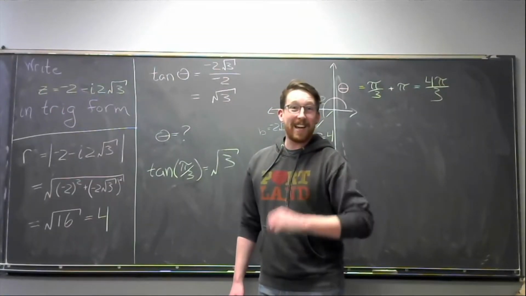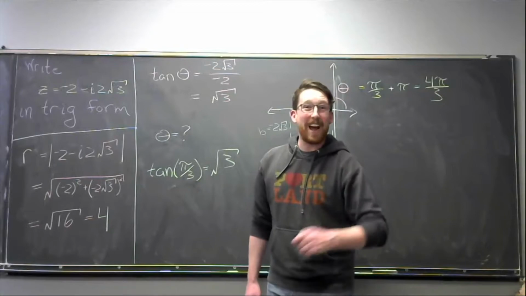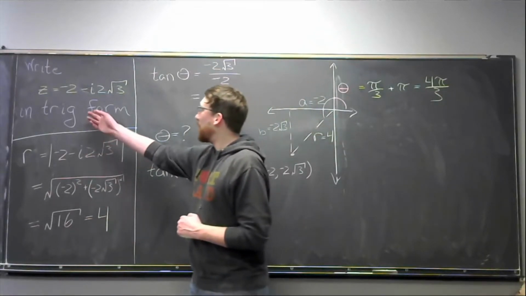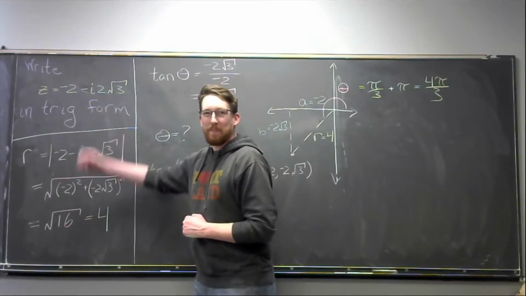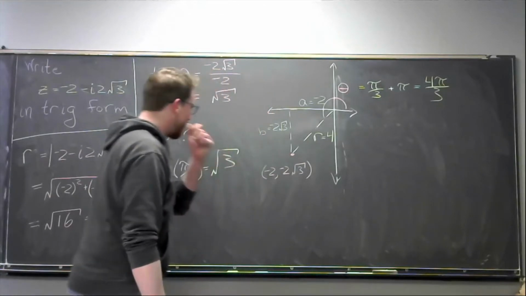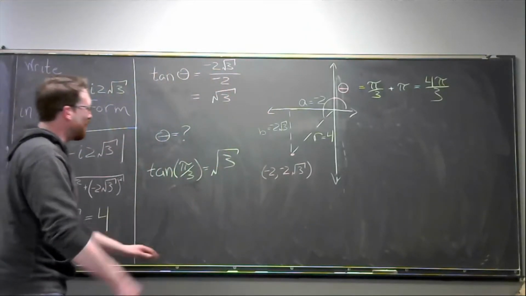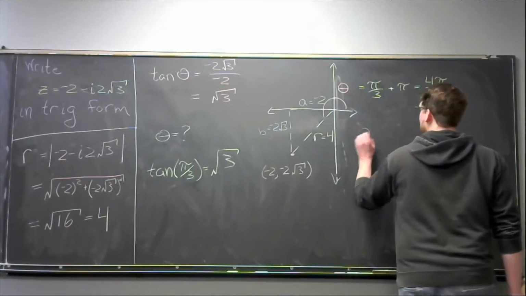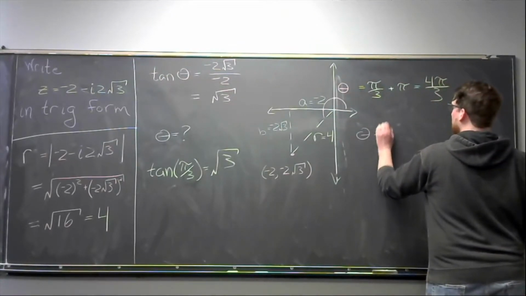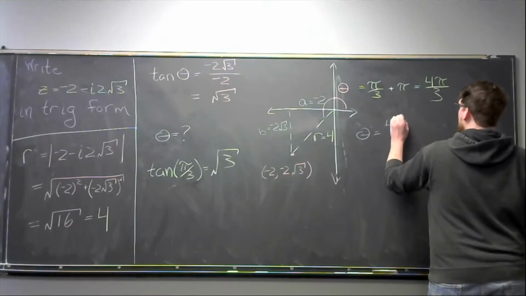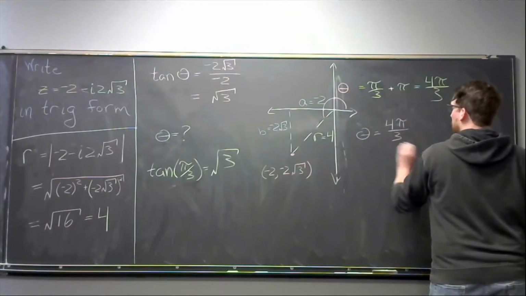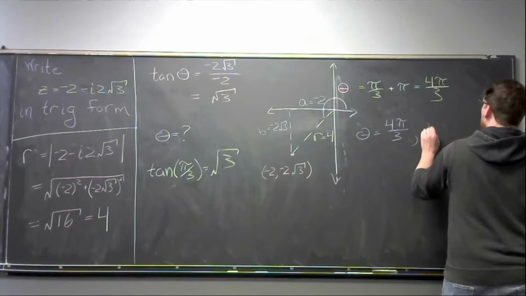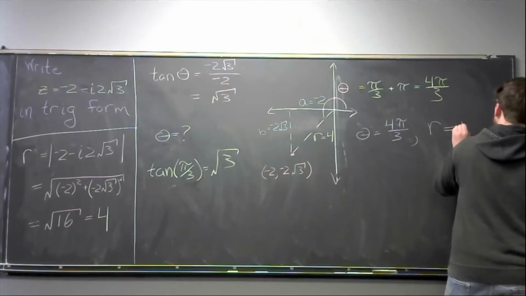Actually, let's not keep moving on, because I forgot the other half of this problem. We're supposed to put this in trig form, right? Okay. So, to put this in trig form, we now know that theta is equal to 4 pi over 3, and we know that our radius is equal to 4.